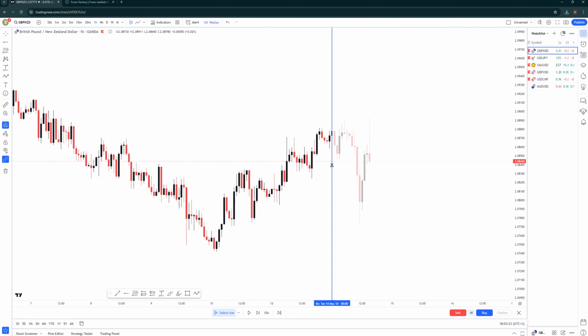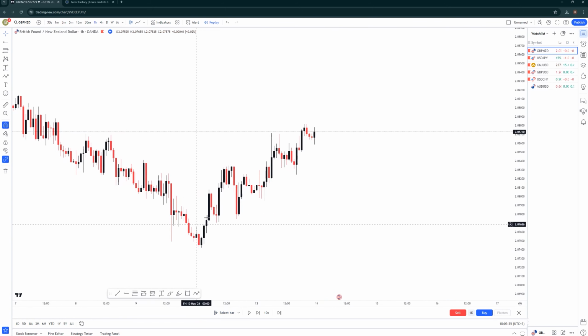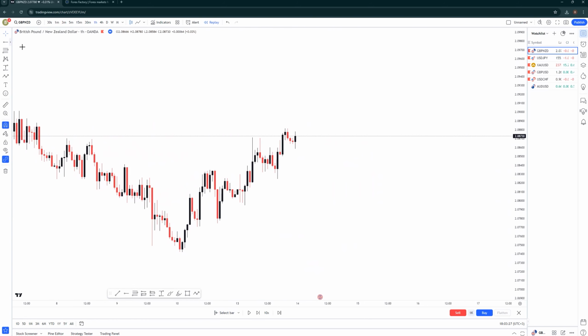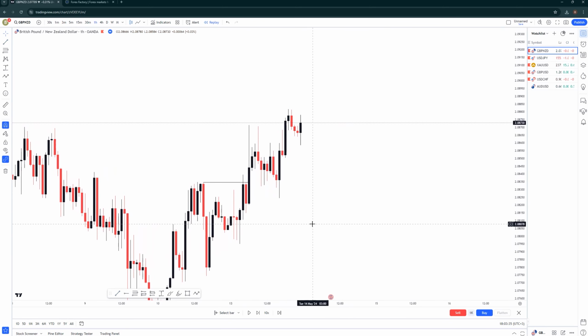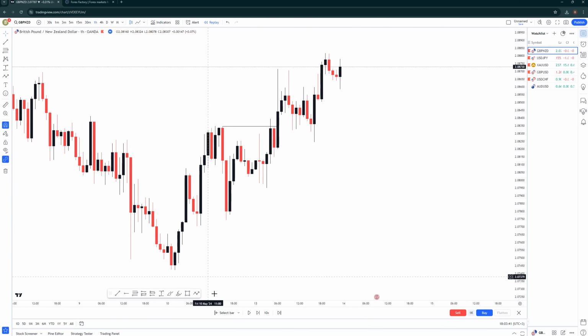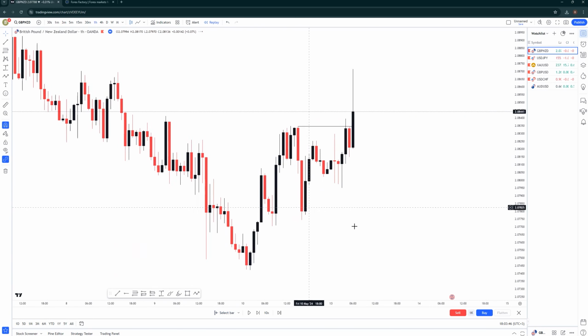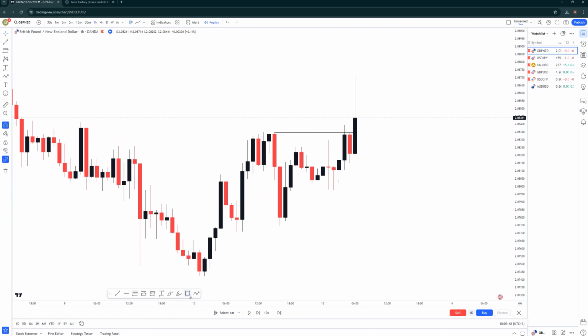As we know, the market was trending up, and the market provided this area of liquidity. This was the break of market structure. So after this break of market structure, you see here we had multiple choices. We had this break of market structure at this point, here we had this inside formation.